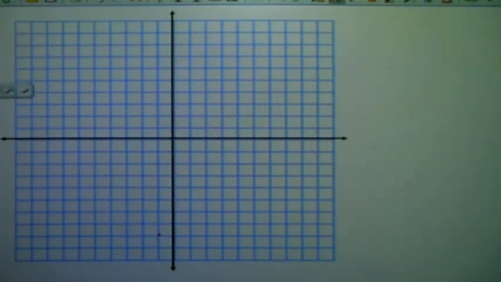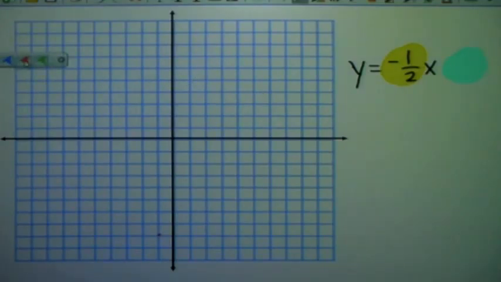How about this one? What if I have y equals negative 1/2 x? Got a slope of negative 1/2. Where's my y-intercept? This one looks a little different, but if there's nothing out here, wouldn't that be the same as plus 0?